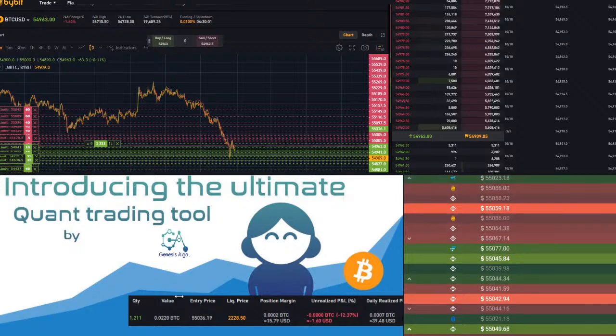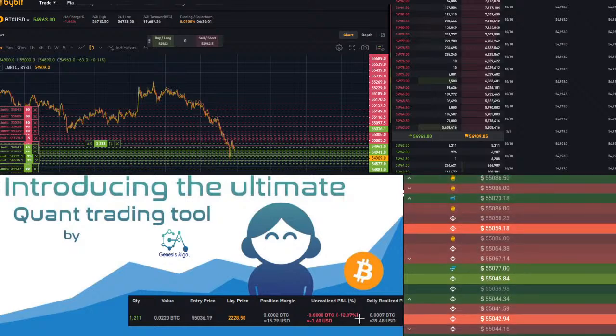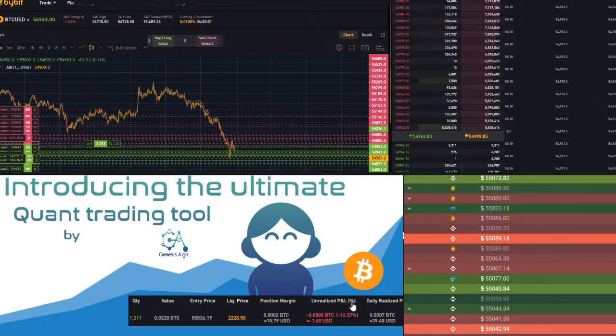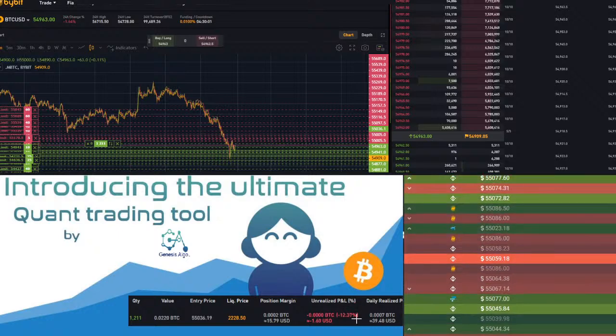Okay, so that's what you can learn here, and that's what makes our new indicator a lot more powerful. So for example, this area here, you can see very clear absorption, as they call it.